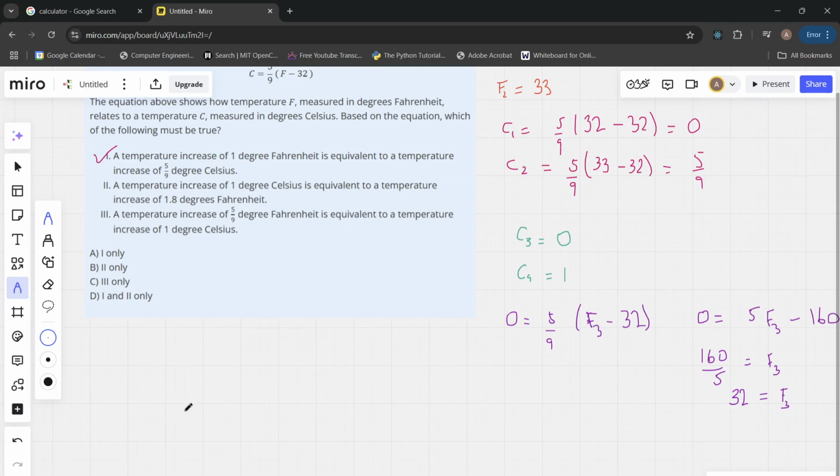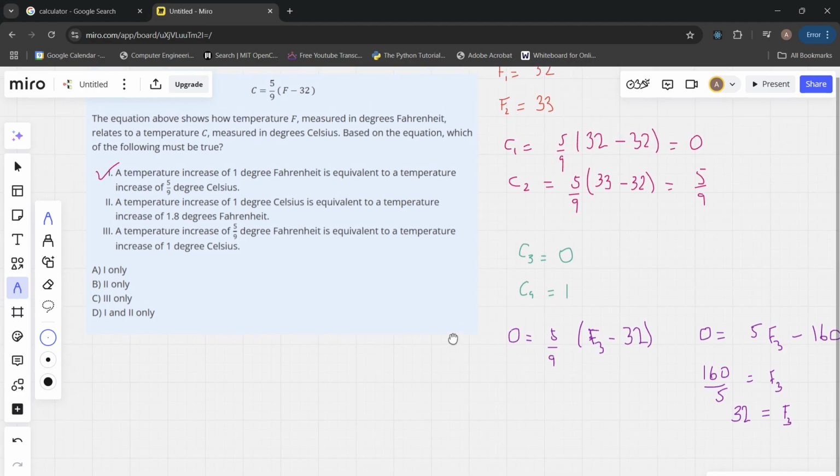And let's see what we get for F4, meaning when C equals 1. So that is 1 equals 5 over 9 times F4 minus 32. So this is 9 over 5 plus 32 equals F4.